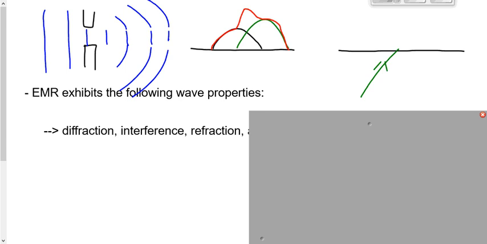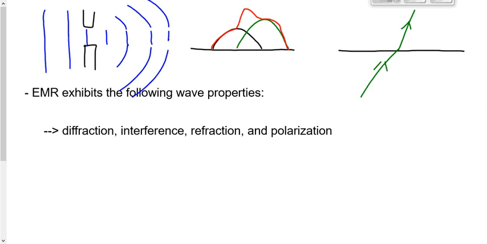Either speeds up or slows down. And as it does that, it also changes direction. When a wave goes from one medium to another, it changes direction. It refracts. So does EMR. Since refraction is a property of waves, and EMR exhibits refraction, then EMR, according to this, must be a wave.